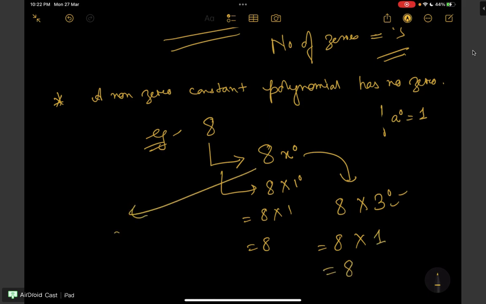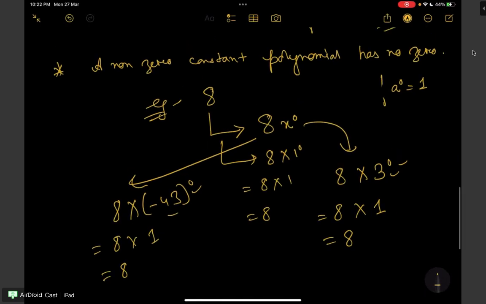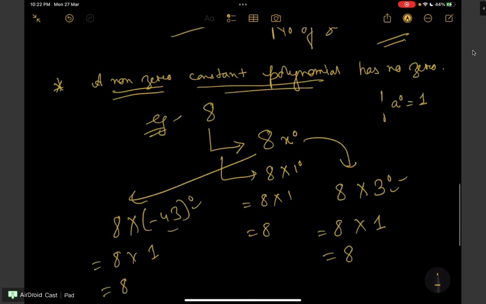In place of x, if I put minus 43, 8 into minus 43 to the power 0, we know that anything to the power 0 is 1, so 8 into 1 is 8. So for a non-zero constant polynomial, we do not get any zero. Therefore, we can make a statement: a non-zero constant polynomial has no zero.